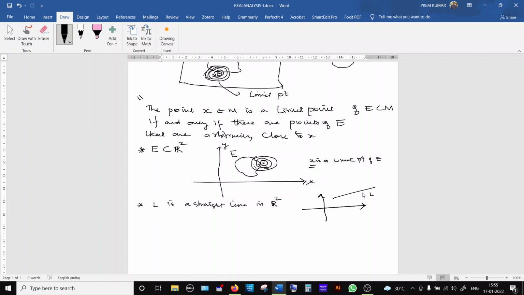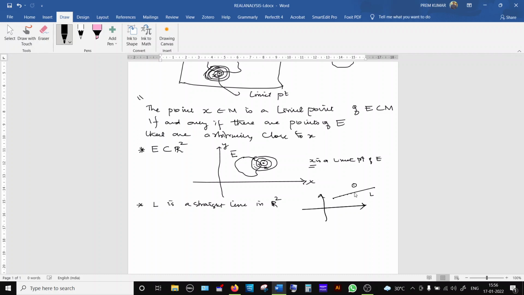So for this set, it contains all its limit points on the same line, because if I say that this is a limit point of the set, I can definitely construct one circle which contains no points of this L. So for this structure, L in R square, all the limit points are inside the same set.